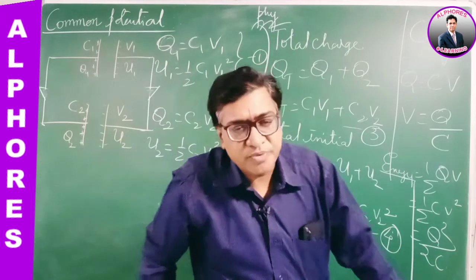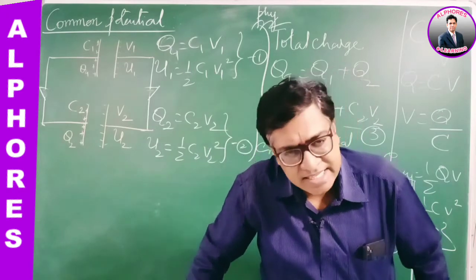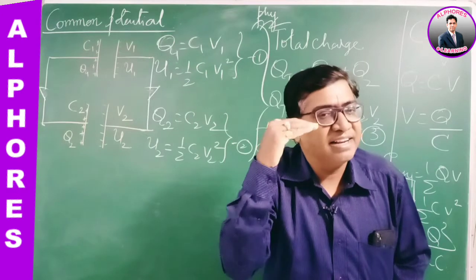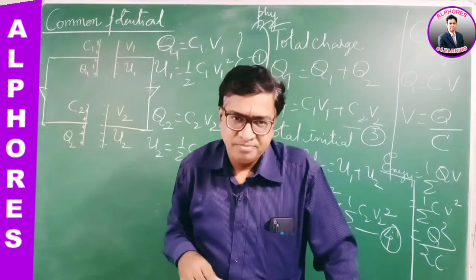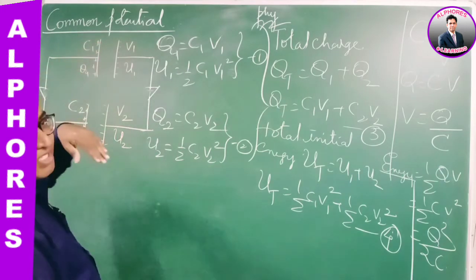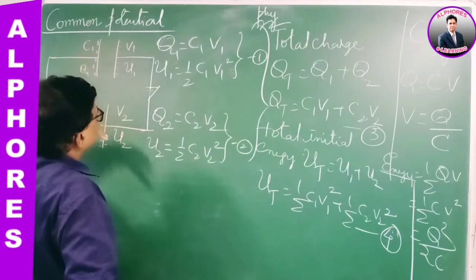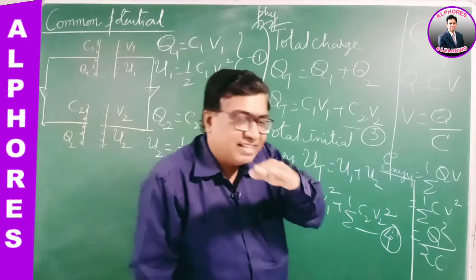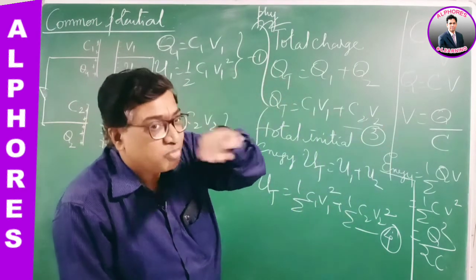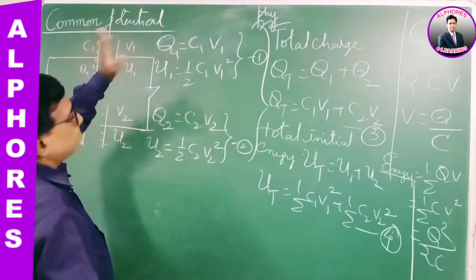As water has flown from higher level to lower level, similarly the charge will flow from high electric level to low electric level. The electric level is referred to as potential. So the charge flows from higher potential to lower potential until their potentials become equal, and that potential is called the common potential.